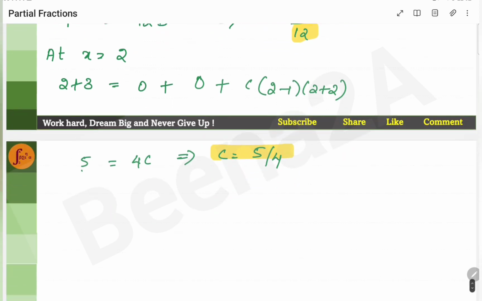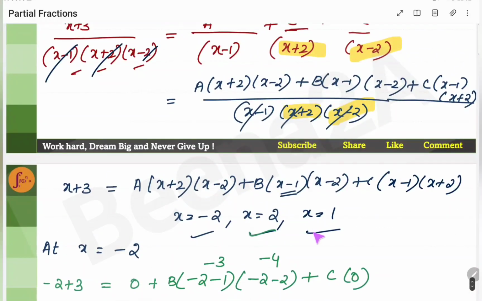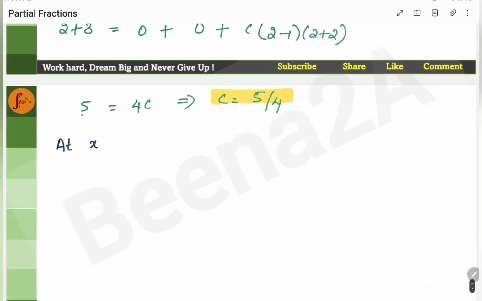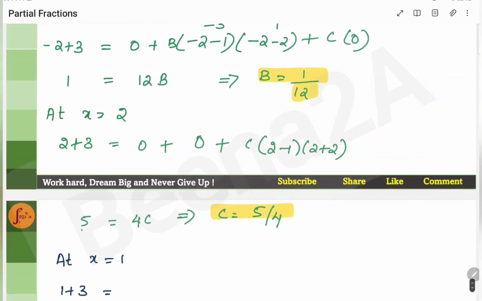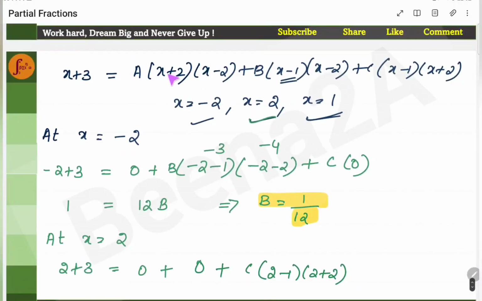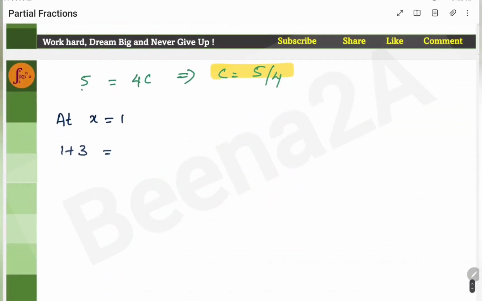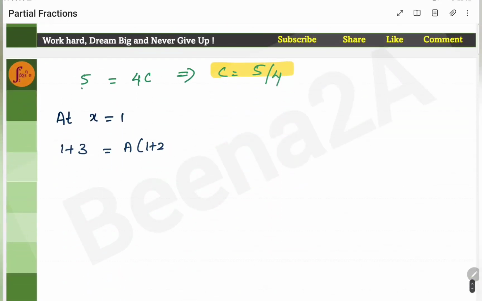Now I'll go to the next value of x, x is equal to 1. At x is equal to 1, I'll get 1 plus 3 is equal to a into 1 plus 2, 1 minus 2, plus b into 0 plus c into 0.